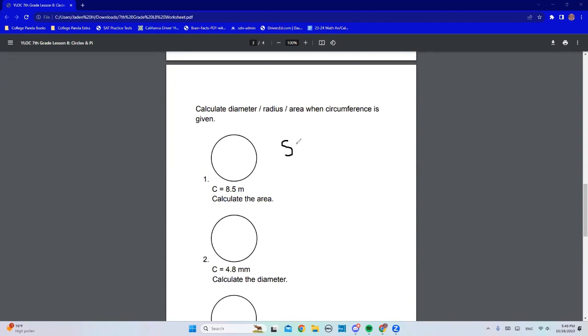Looking back on the previous question, the formula for a circumference is 2 pi r. So we can work back on this to get r, and that can help us find the area. First, we want to isolate the r, so we would divide both sides by 2 pi.